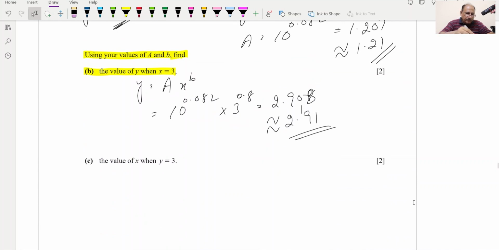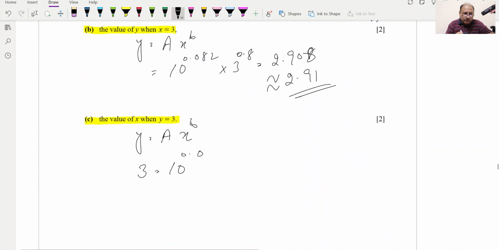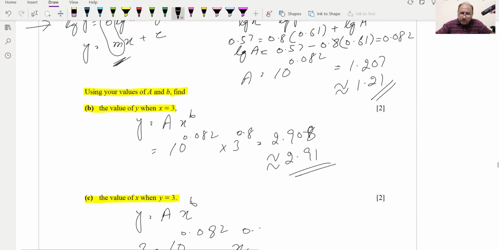This was a 2-mark question. And the C part is saying find the value of x when y is equal to 3. In the same equation y is equal to a x raised to the power b, we will replace y with 3, a with 10 raised to the power 0.082, and x raised to the power b, which is 0.8.